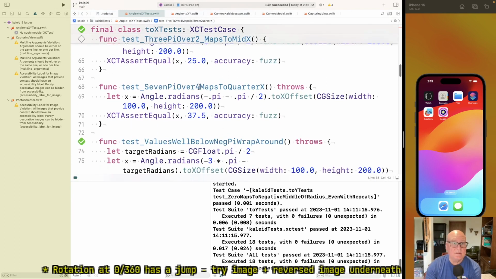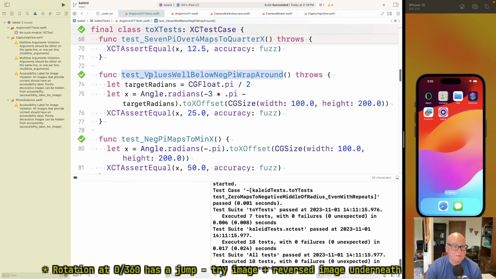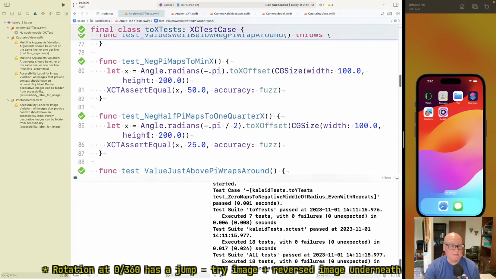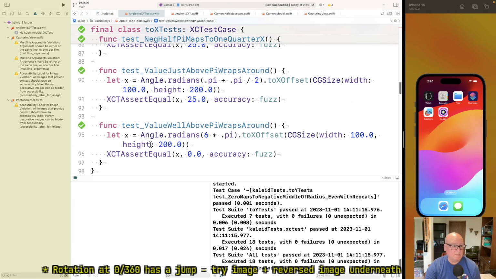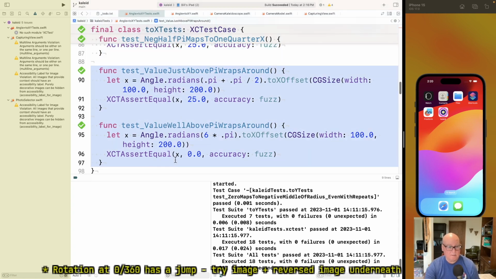Yeah. All right, 7 pi over 4 should map to 1/4 x. That's 12.5. Okay, this is wraparound tests. I think we covered all these. Well, that one would be good. These two would be good up there.